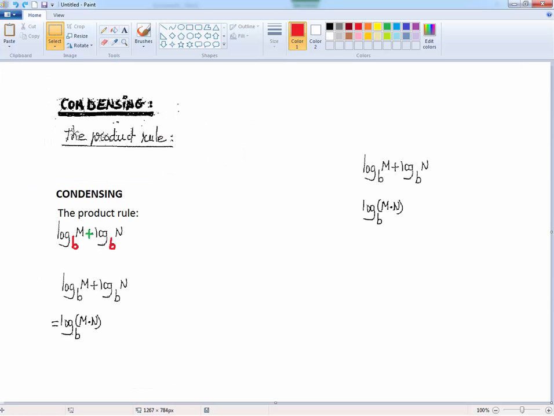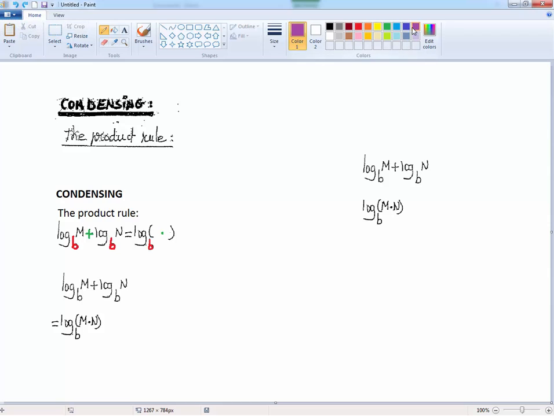Sorry, this area is a little bit messy, but if you focus your attention right here, let's see what we have. When we condense two logs that are added to each other, notice if the base is b for both logs, and you have a plus sign between those two logs, what can we do? We know that the sum of two logs is going to be equal to the log with the same base b of a product. And what do we have inside of this product?